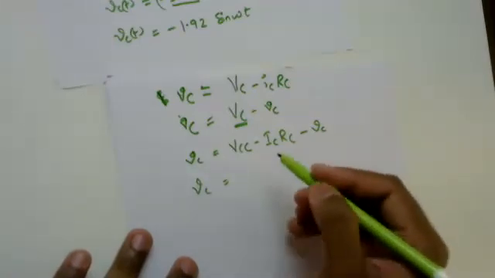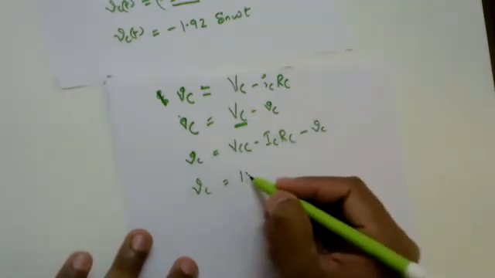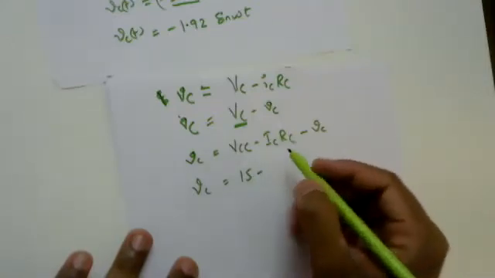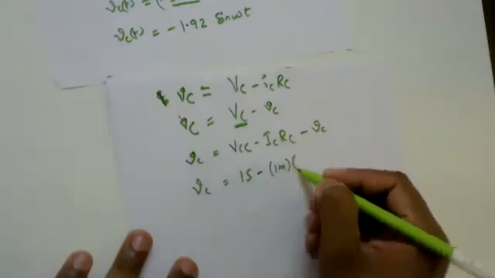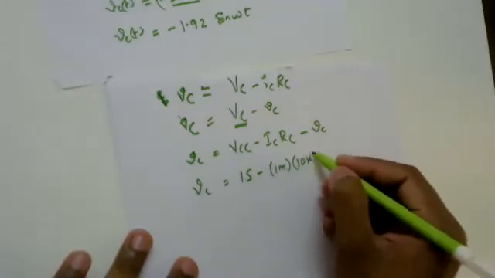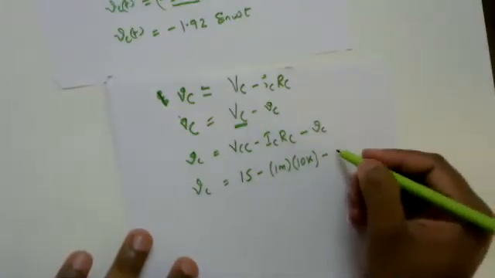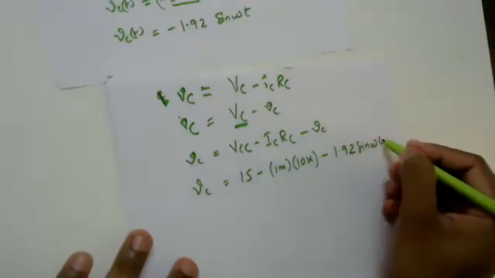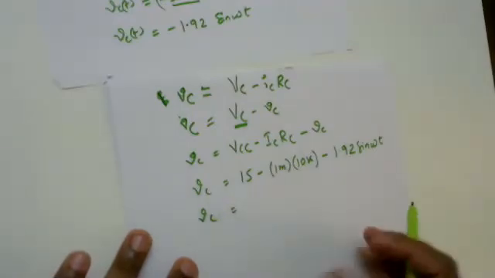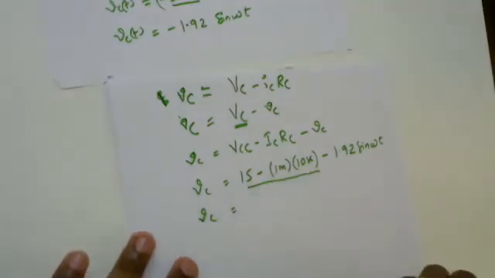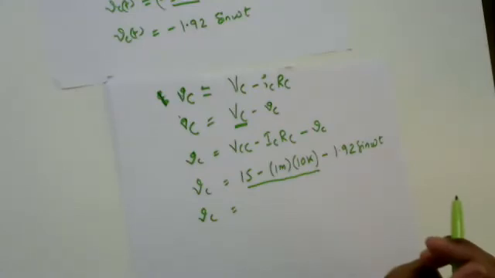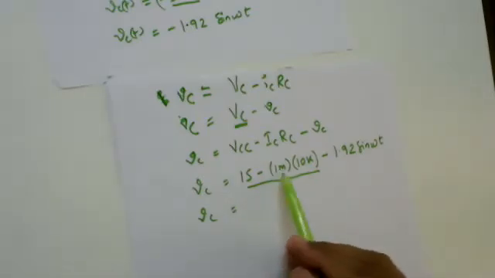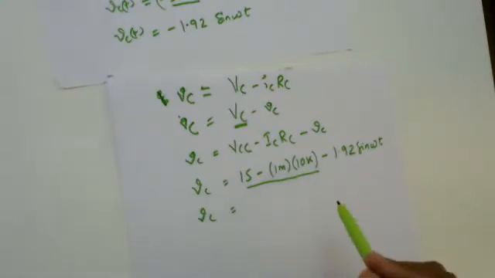So VC is equal to VCC, which is 15 volts, minus the collector current, 1 milliamp, into RC resistance, 10 kilo ohm, minus this VC, 1.92 into sine omega t. Then what's the value of VC? Just solve this. How much should you get? 15 minus 10 milli into 10k.